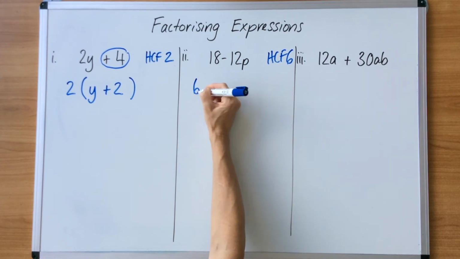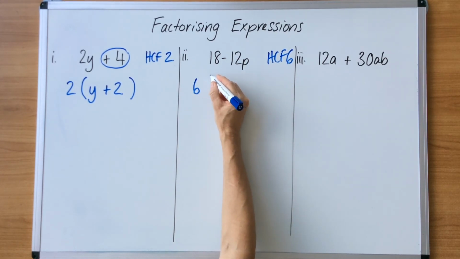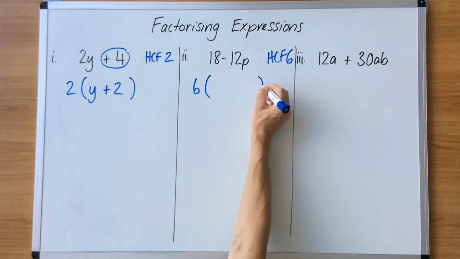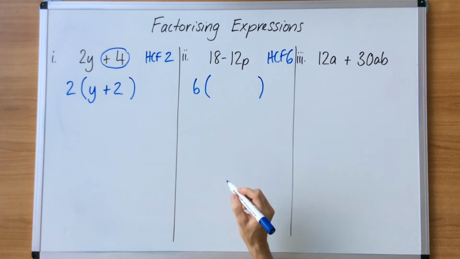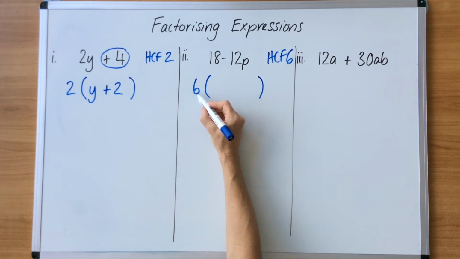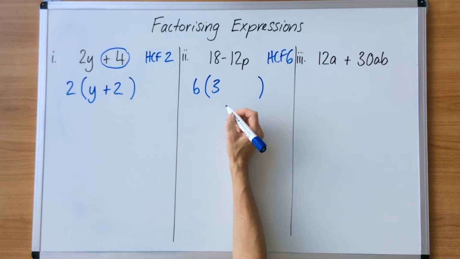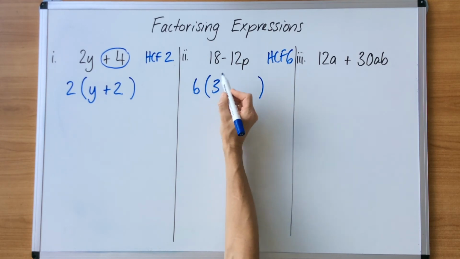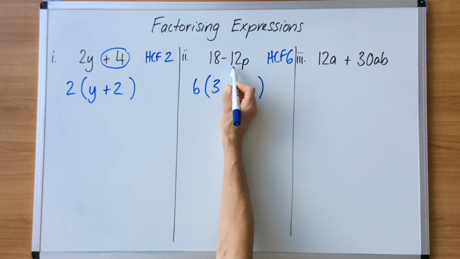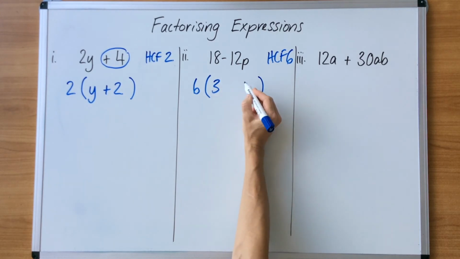So I go highest common factor of 6 on the outside, open the bracket, leave a gap, close the bracket. I now ask myself, what do I have to do to 6 to get to 18? Well, I have to multiply it by 3. Now what do I do to 6 to get to 12p? I have to multiply it by 2p.